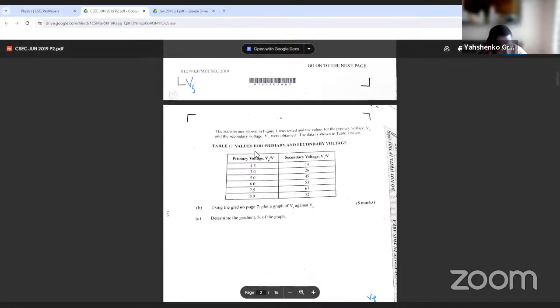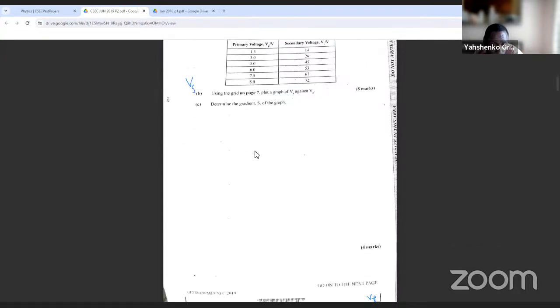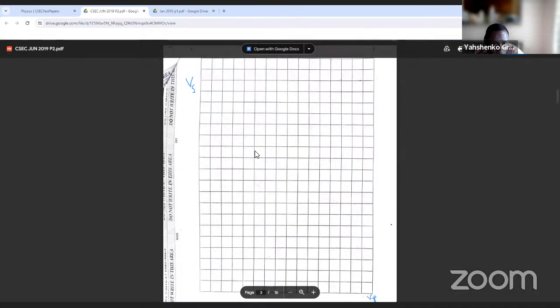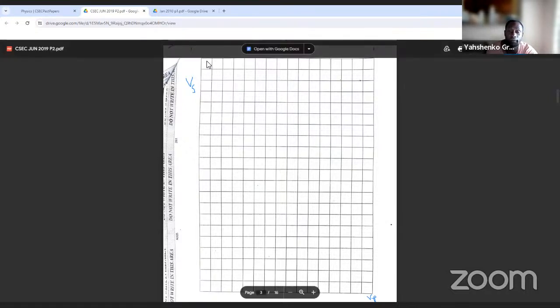All right, so VP goes up to 8, VS goes up to 72. So let me see, hold on. If I should make this go up to 72, 1, 2, 3, 4, 5, 6, 7, 8, 9, 10, 11, 12, 13, 14, 15, 16, 17, 18, 19, 20, 21. 21 into 72.